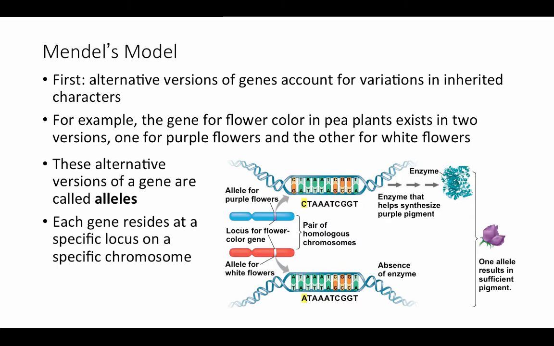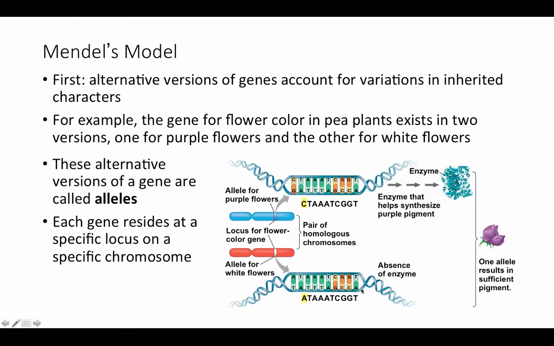And so what we now know is that each gene resides at a specific locus on a specific chromosome. So here we have 2 homologous chromosomes showing the same homologous stretch of DNA at the same spot on that chromosome. So this particular individual has 1 chromosome that codes for a functional enzyme that allows the synthesis of purple pigment.